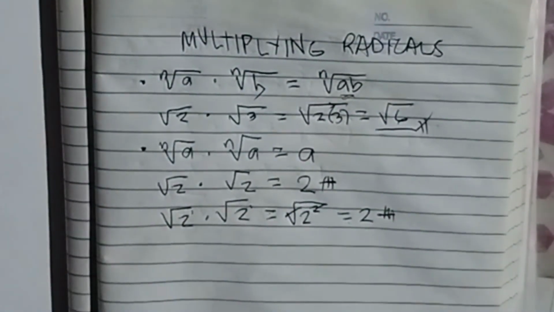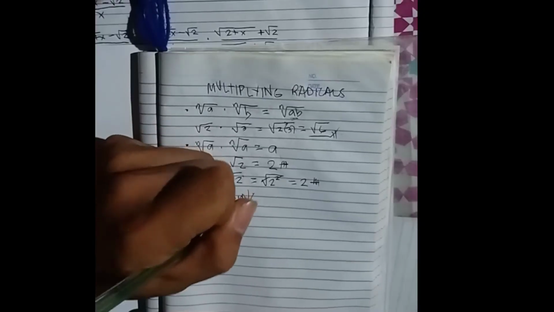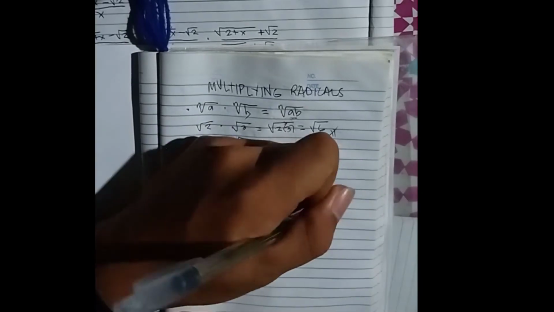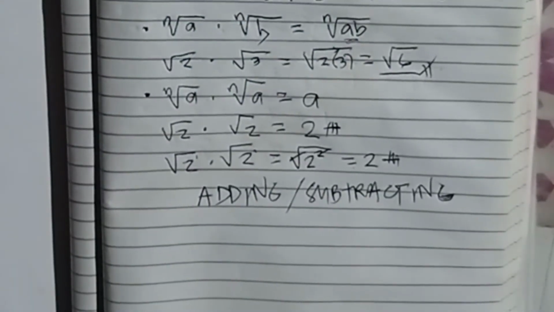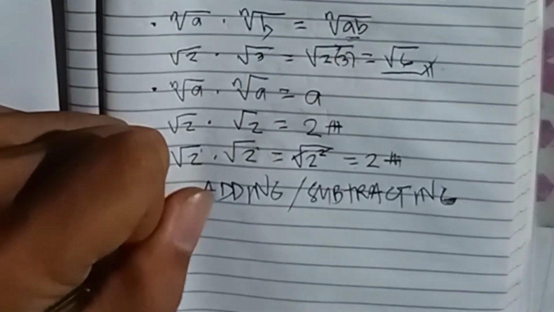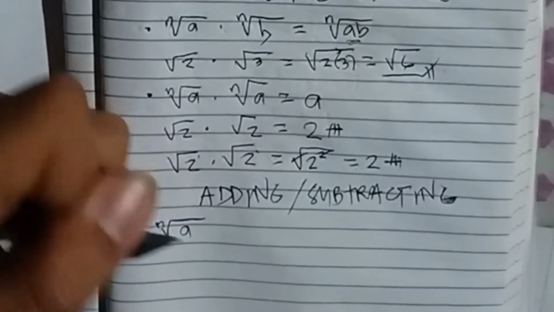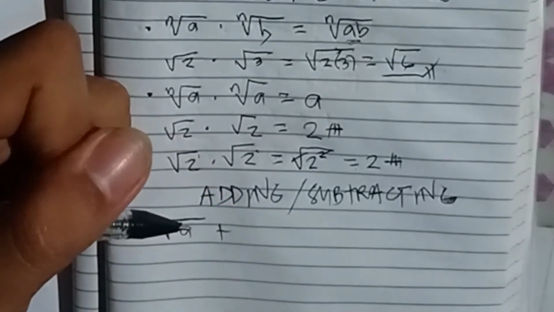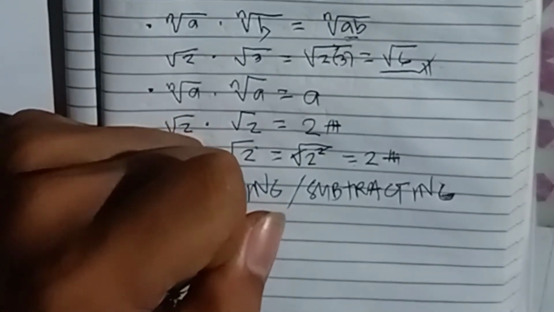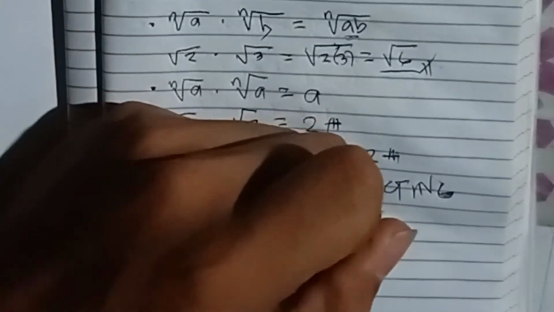So, in adding naman, actually, it's adding or subtracting. Parehas lang naman to. If we are adding, let us say we have the nth root of a plus the nth root of a, then we would have the 2 nth root of a.